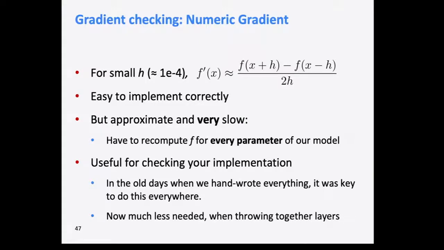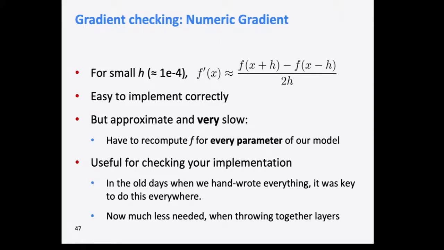So it's not like what I advertised for backprop, when I said it's just as efficient as calculating the forward value. Doing this is forward value computation time multiplied by the number of parameters in our model, which is often huge for deep learning networks. So this is something you only want to have inside if statements that you could turn off, so you could just run it to check that your code isn't buggy.